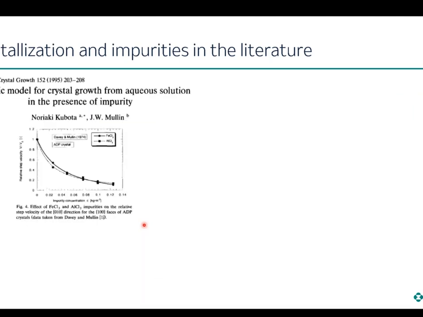And this topic of impurities in crystallization has been treated for quite a while in the literature, so there's quite a lot around. Starting back before I was born, Davey and Mullin in 1974 looked at ammonium dihydrogen phosphate, ADP, crystals, and characterized the impact of chloride salts on the growth velocity of different facets of the crystal.